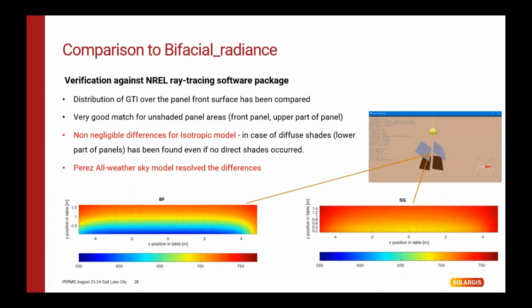While the comparison for the situation without near shading showed very good consistency between anisotropic and isotropic sky descriptions, when we go to real cases of simulation in a PV power plant, we see that the isotropic model is probably not sufficient for nearby shading, and big differences were identified in the results.